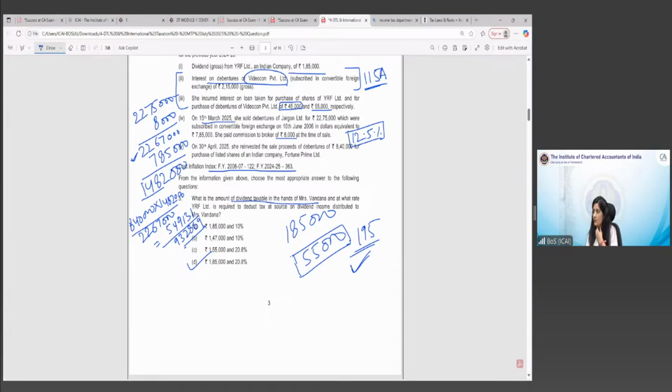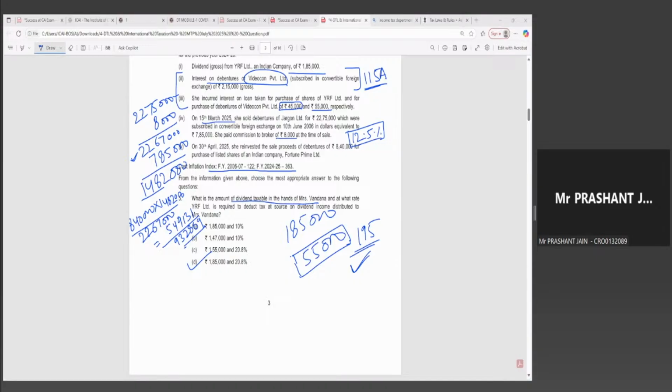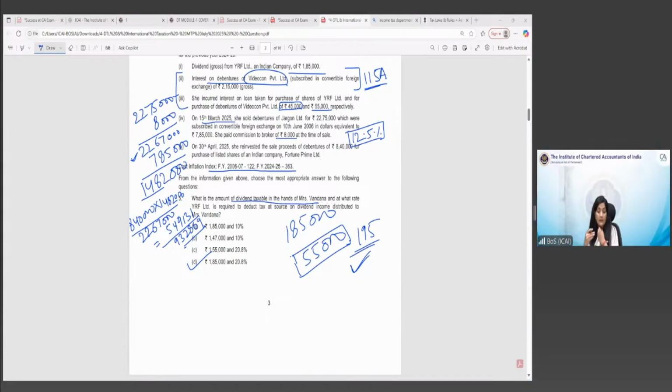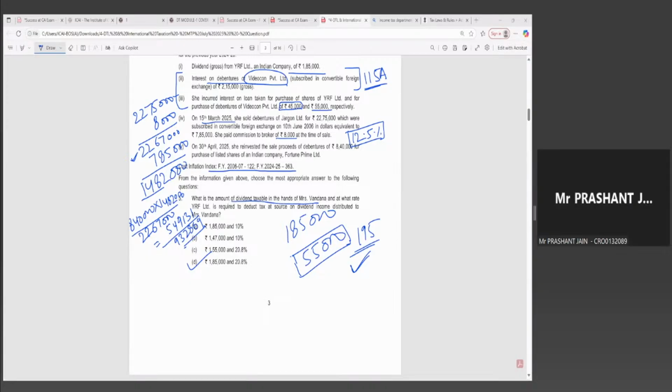Yes, Prashant, you can. This is the MTP booklet. This is from your MTP series I'm talking about, because for every attempt, two series of MTPs are conducted.